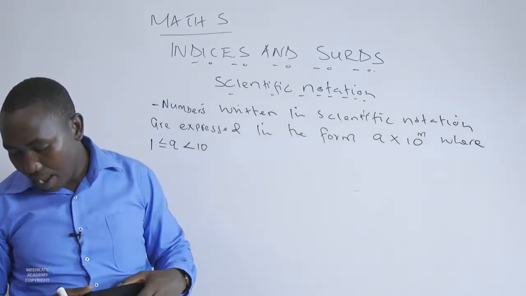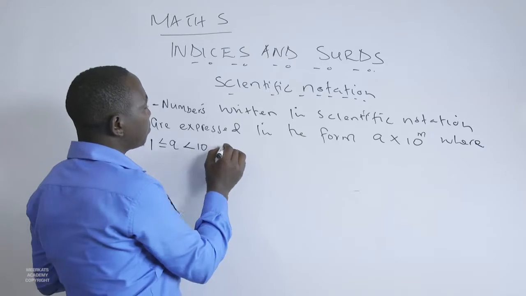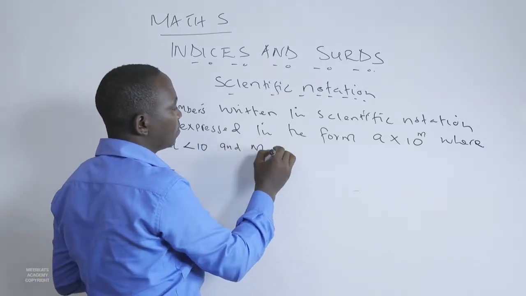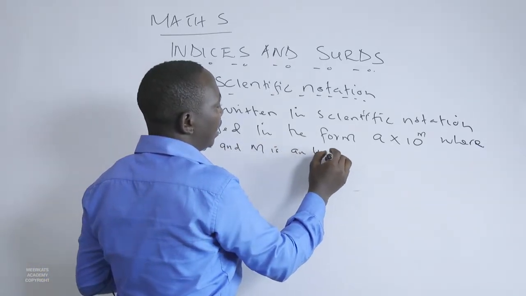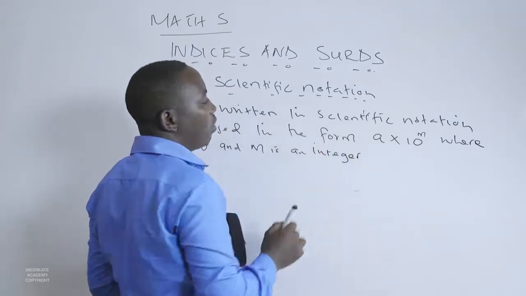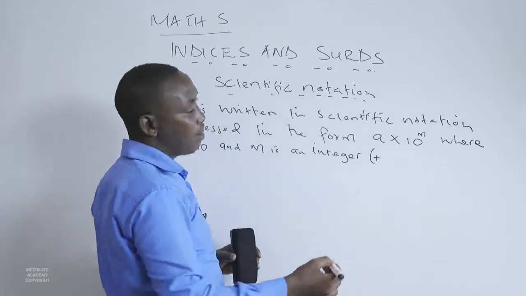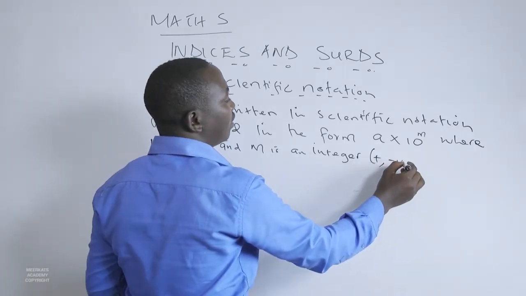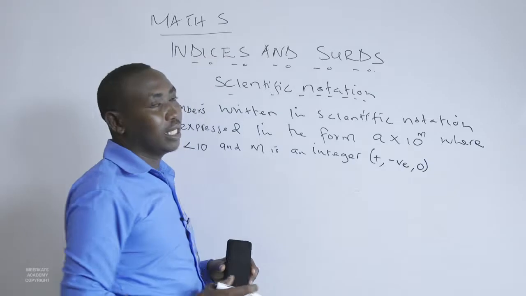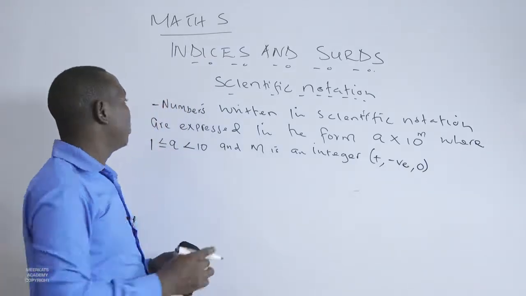Then your m is an integer. We all know what integers are. That means it can be a positive number, a negative number, or at times a 0.